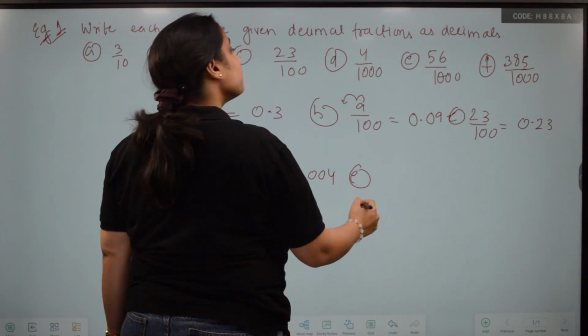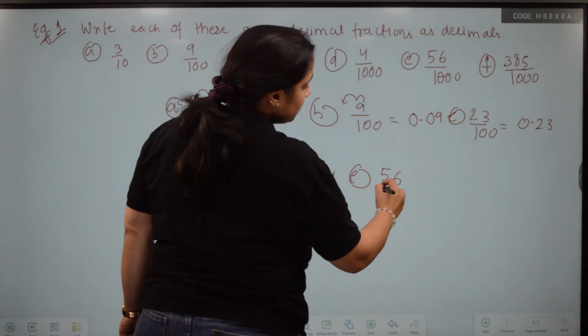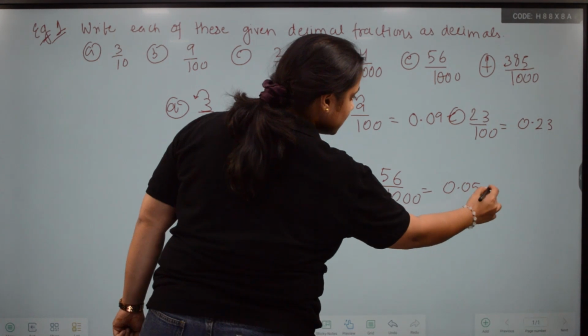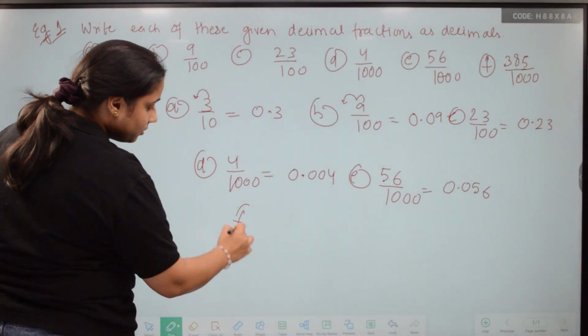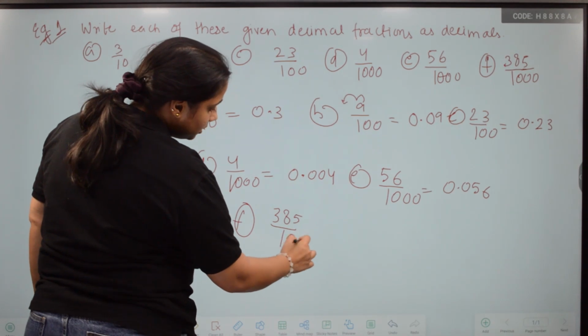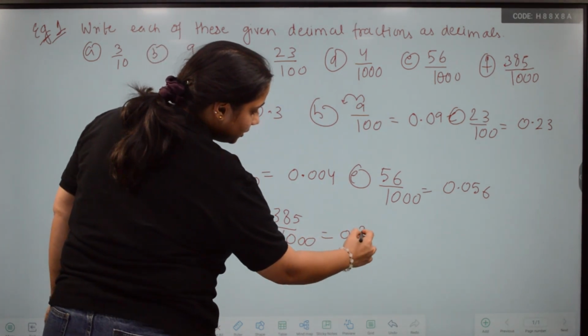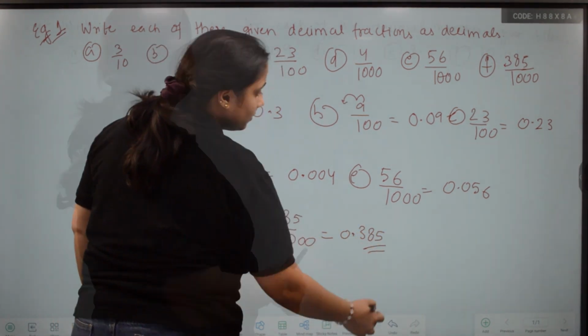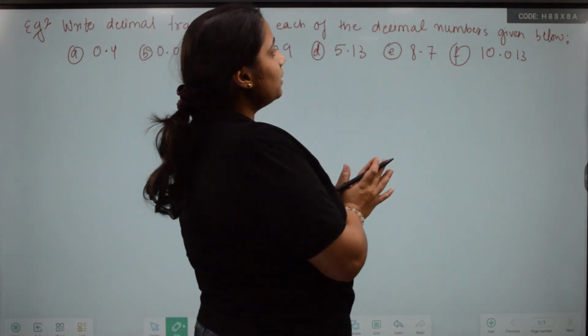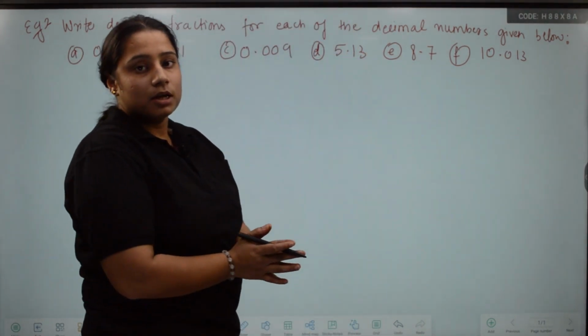Part E, 56 by 1000. It becomes 0.056. And part F, it is 385 by 1000. So it becomes 0.385.